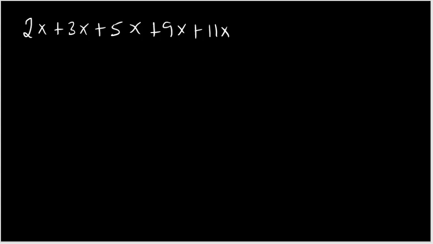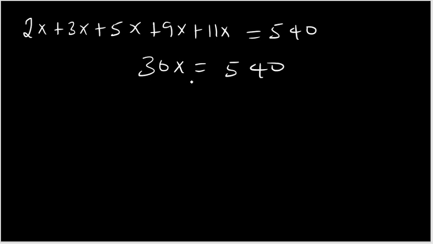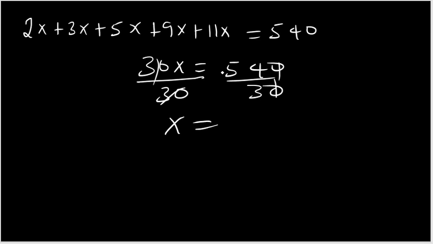It should be equal to 540 to get x. So when you add it, 5, 5, 10, 19 plus 11, 30x, which is equal to 540. Divide by 30 on both sides. Cut out the 0, 54 divided by 3 will be 18. So x is equal to 18.